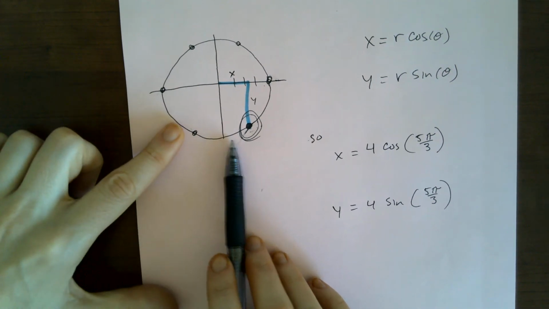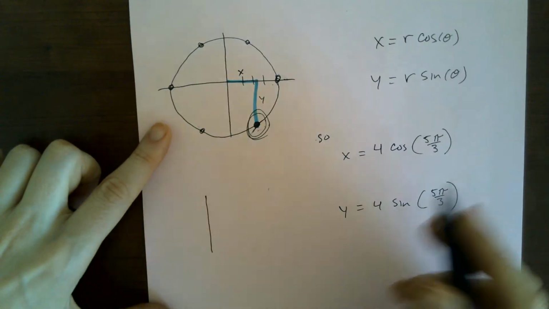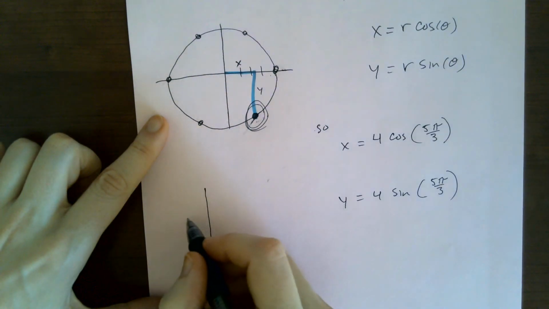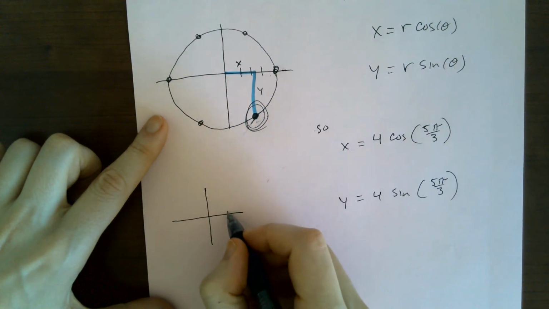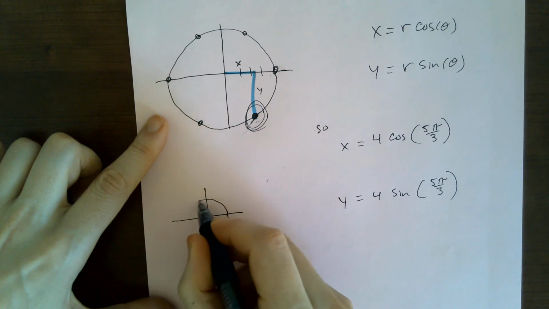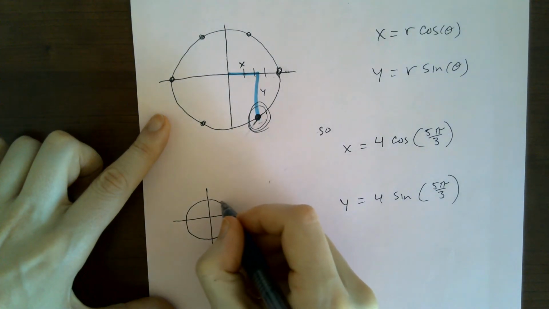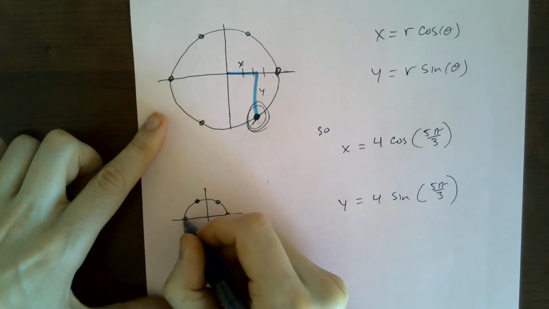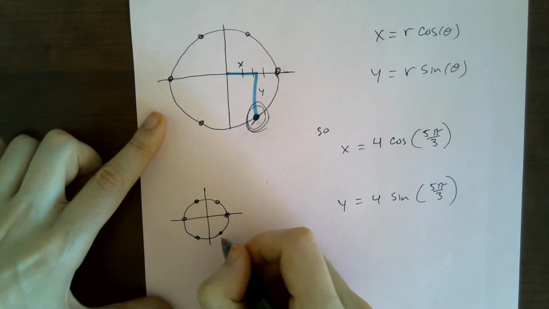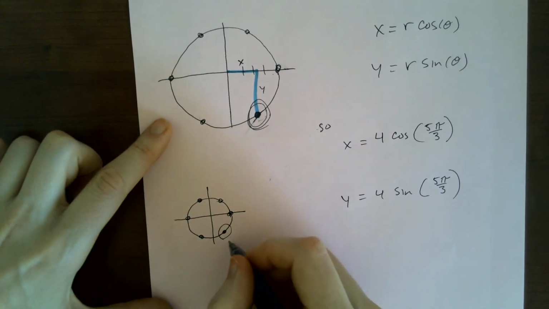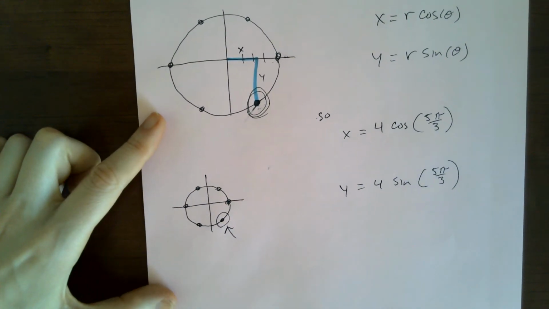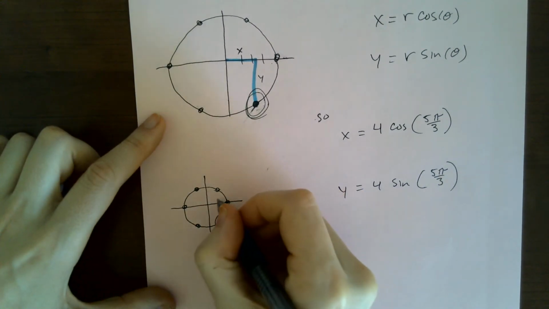I suppose you could, but when we're evaluating sine and cosine, it's a unit circle that we're using. So it's just a circle of radius 1. All right, so 5π/3. Okay, so I'm landing there. So I need the coordinates of that point there on the unit circle.